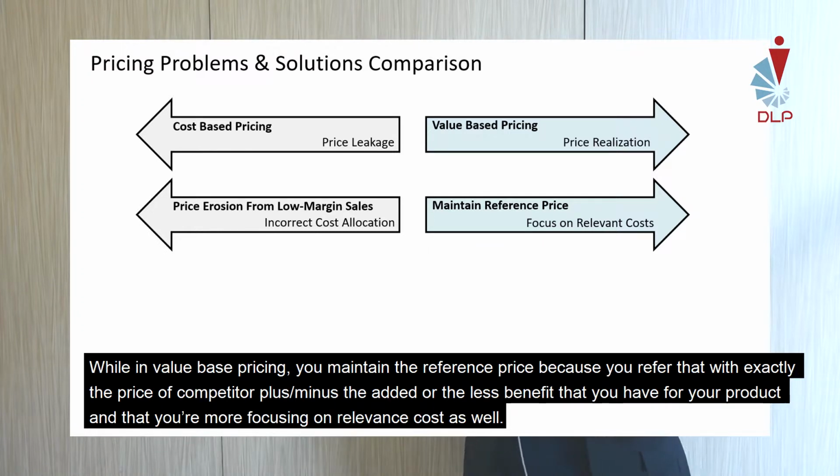While in value-based pricing, you maintain the reference price because you refer to exactly the price from the competitor, plus or minus the added or lesser benefit that you have for your product, and you are more focused on relevant cost as well.